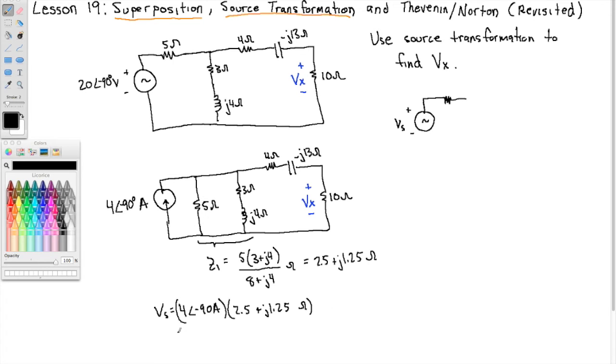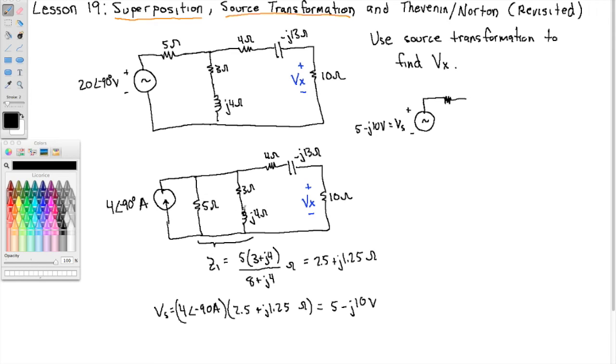Right? This is equal to 5 minus j10 volts. So I'll write that up here. Vs equals 5 minus j10 volts. Or, yeah, we'll keep it like that for now, but you could turn this into magnitude and phase if you like.